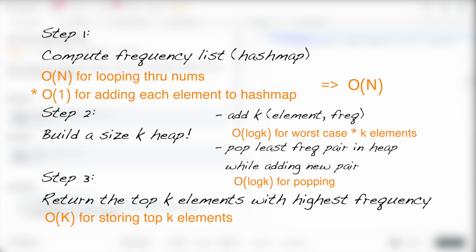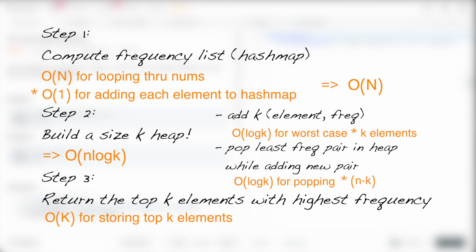We're going to do this add-new-element-then-pop-least-frequent-element step n minus k times. So in total, for building the heap, our runtime is going to be big O of log k times k for the first k elements, plus big O of log k times n minus k. So in total, it's going to be big O of n log k.